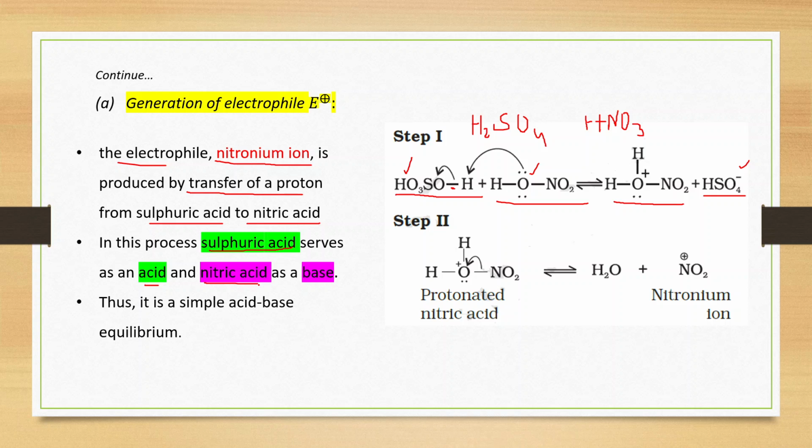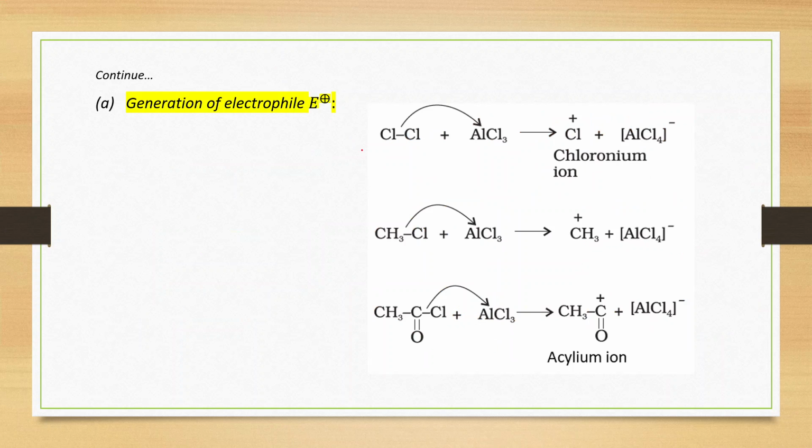That's why this serves as a base. So this is a simple acid base equilibrium. And then in step 2, this protonated nitric acid gives this nitronium ion NO2 plus along with water. This nitronium ion will attack the benzene ring. Clear?